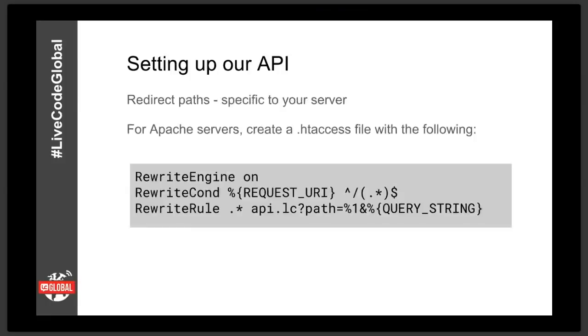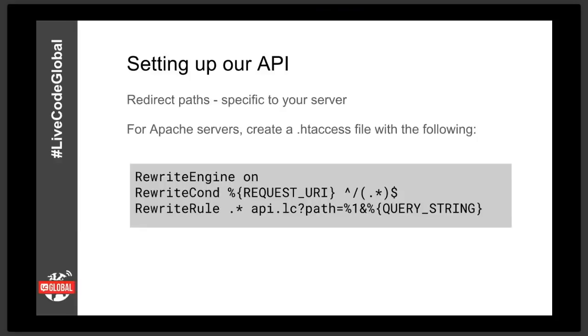But what you can do is configure all requests to a given directory to point to a single file. Now, this is going to be specific to the type of server you've got. OnRev runs using Apache. So with Apache, you use the htaccess file. Now, I won't go into too much detail on this. It's specific to each server, and really it's one thing you write once and then never care about again.